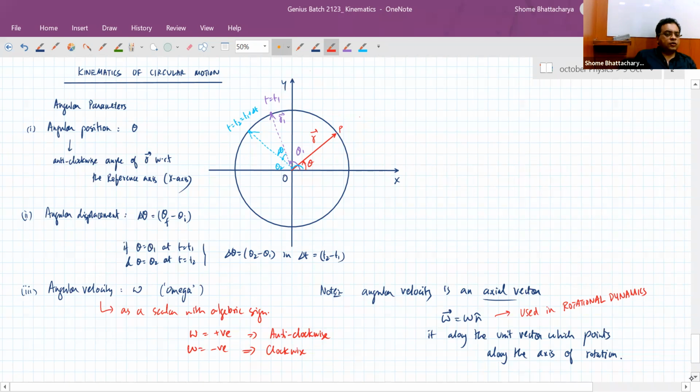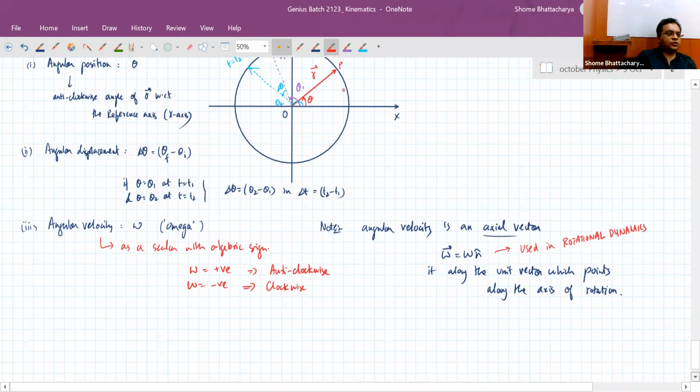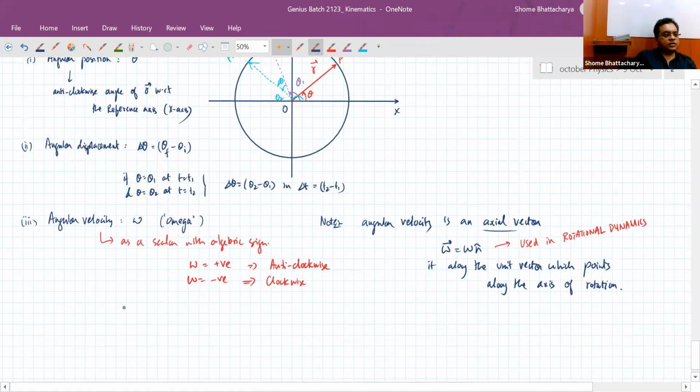Okay. So anyhow, having understood this aspect, let's come to the official definition of angular velocity. Angular velocity is equal to the rate of change of angular position, or angular displacement, with respect to time.